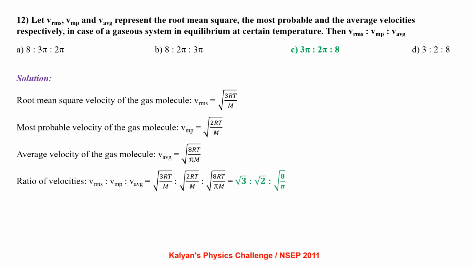Root mean square velocity of the gas molecule V_rms equal to root of 3RT by M. Most probable velocity V_mp equal to root of 2RT by M. Average velocity V_avg equal to root of 8RT by pi M. Taking the ratio, we get root 3 is to root 2 is to root 8 by pi, which becomes root 3 pi is to root 2 pi is to root 8 after rearrangement.